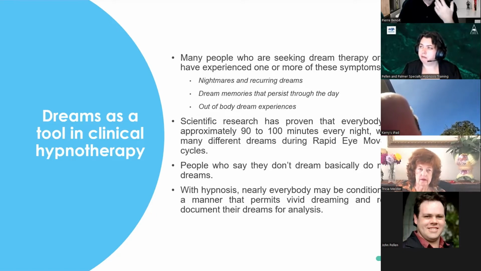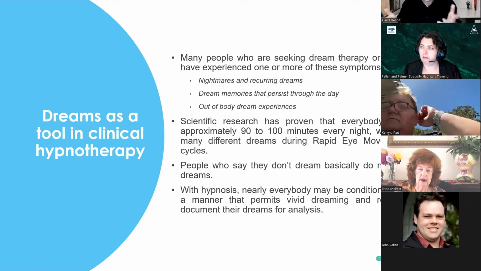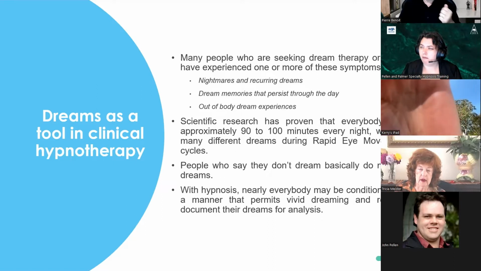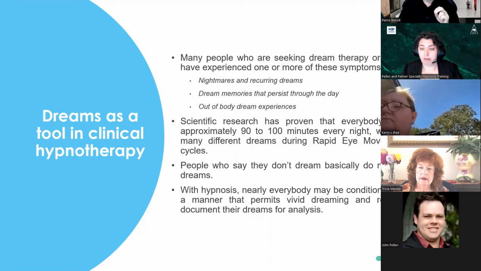So there's all kinds of symptoms that come up, and people will say, man, I can't, this thing keeps coming in the same nightmare. Usually it's there for a specific reason. Research has proven that everybody dreams for approximately 90 to 100 minutes every night. And it includes many different dreams using REM, or rapid eye movement, dream cycles.